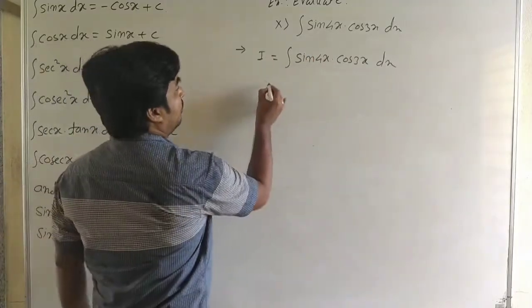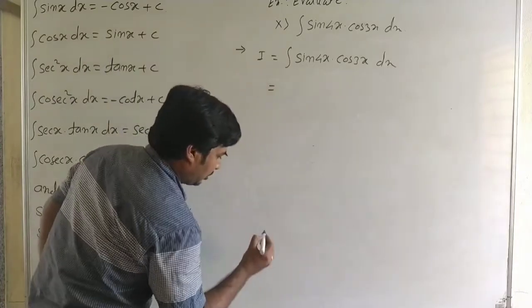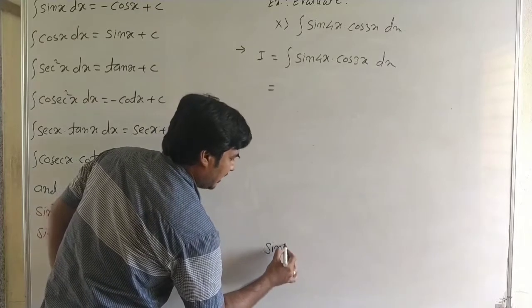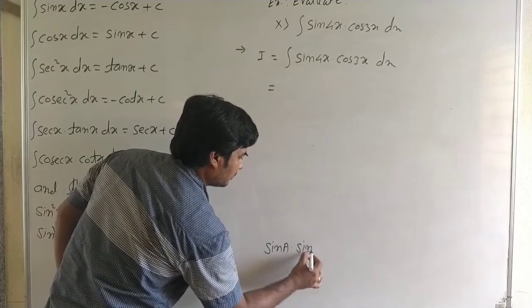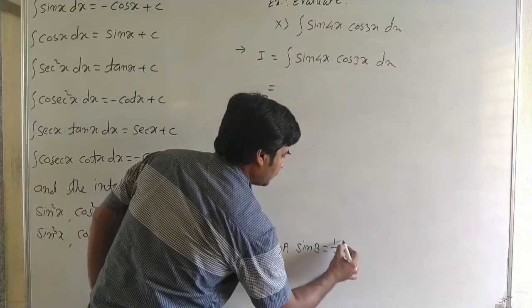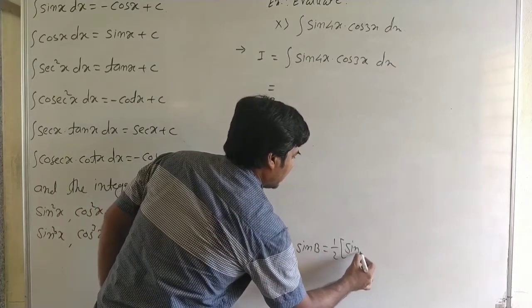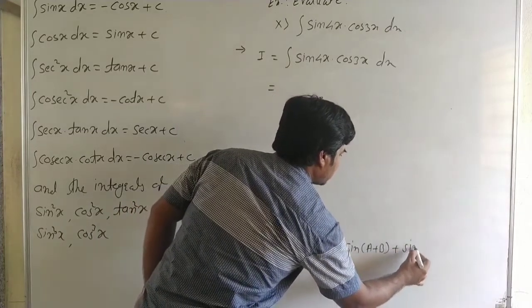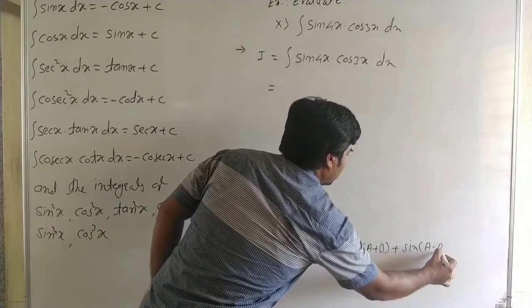Now here we use the formula, see carefully. Sin a into sin b is equal to 1 by 2 sin a plus b plus sin a minus b.